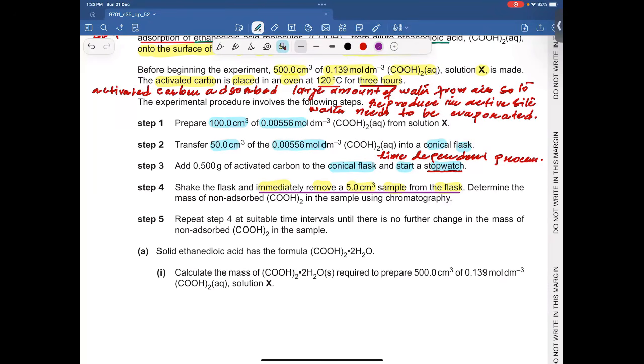So that we can get the initial concentration of ethanedioic acid before significant adsorption.